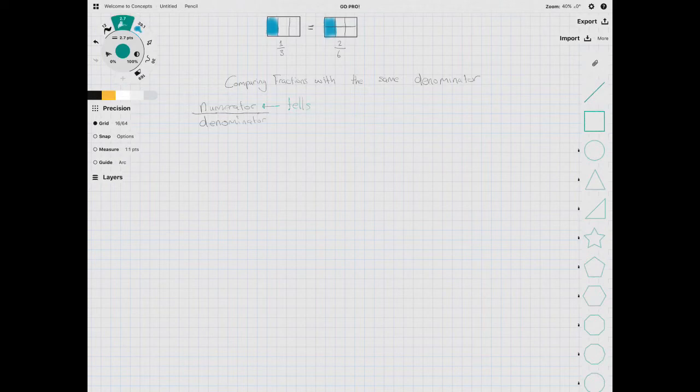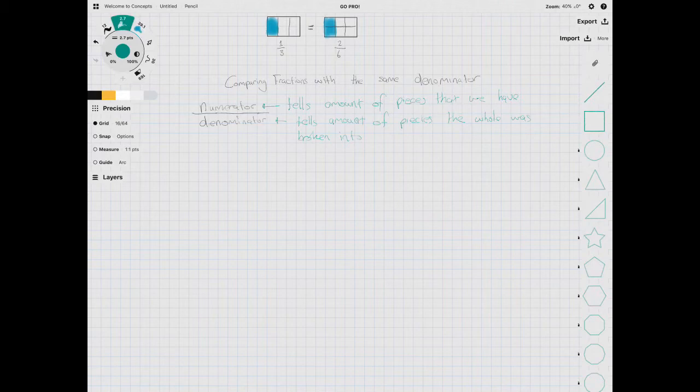Well, it tells us the amount of pieces that we have, and the denominator tells us what? Well, it tells us the amount of pieces that the whole was broken into.